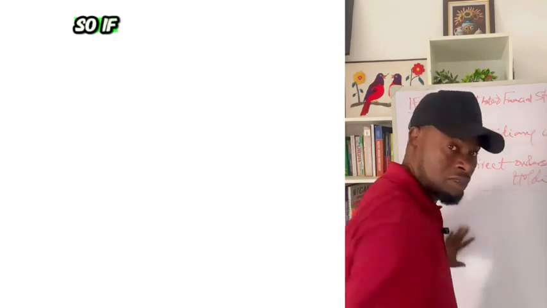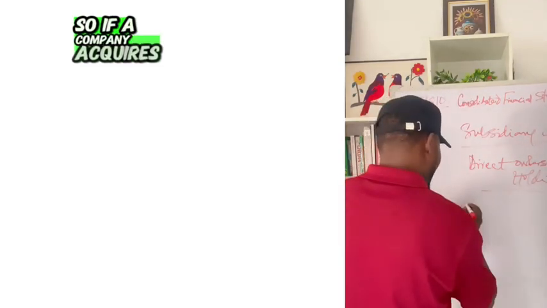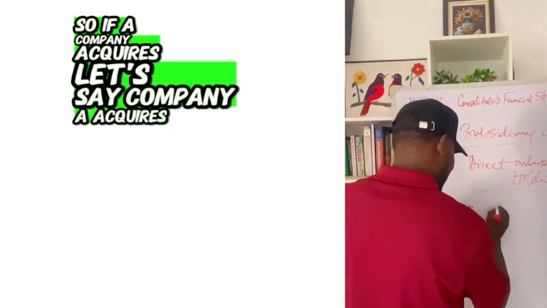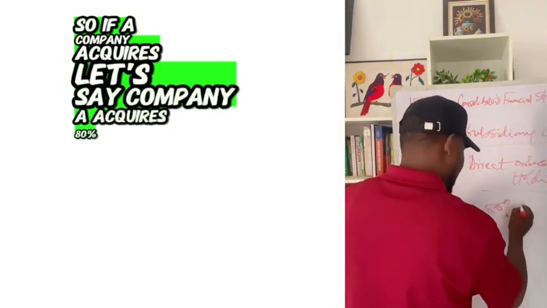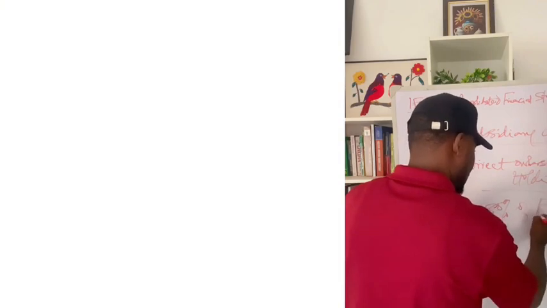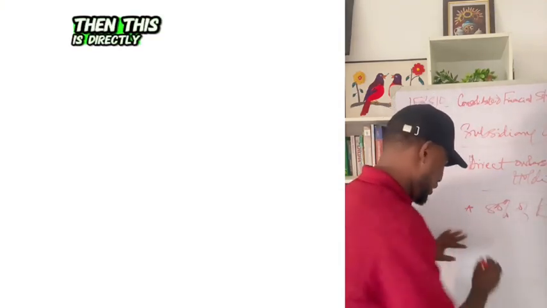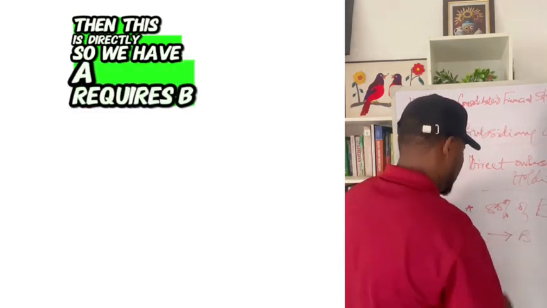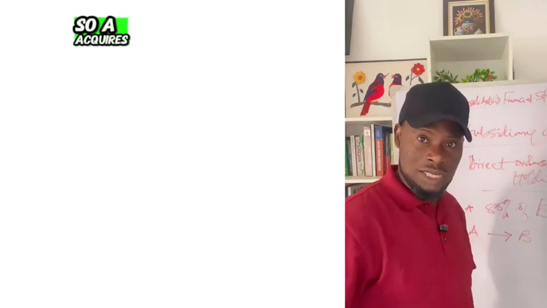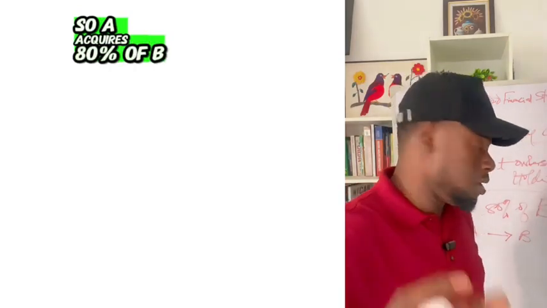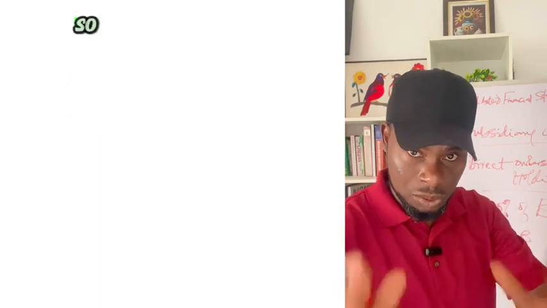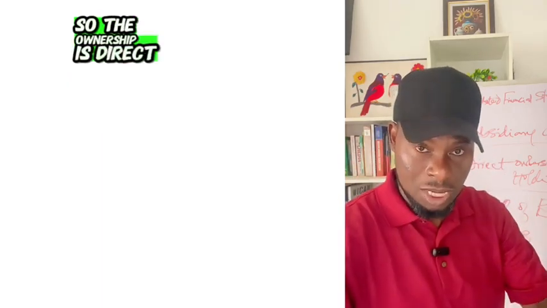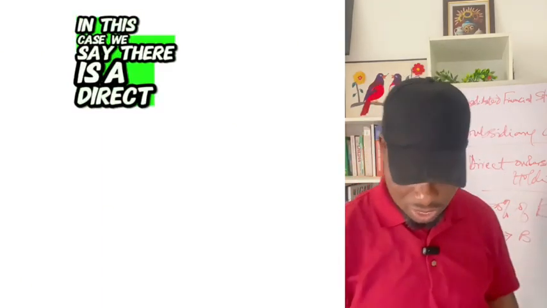So if a company, let's say company A, acquires 80% of B, then that is done directly. So the ownership is direct. In this case, we say there is a direct ownership.